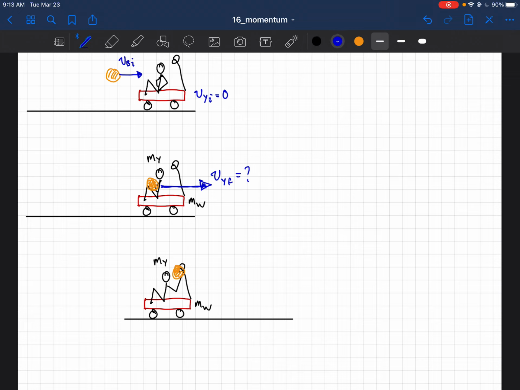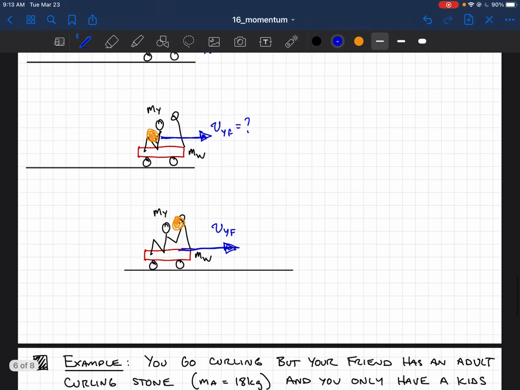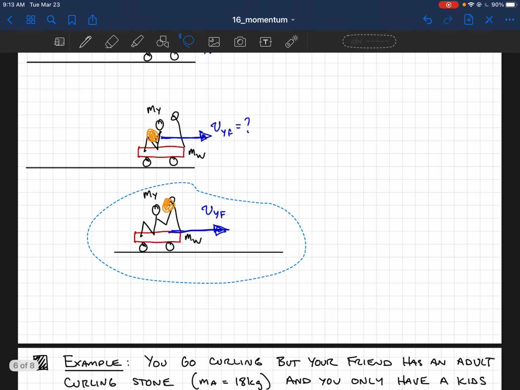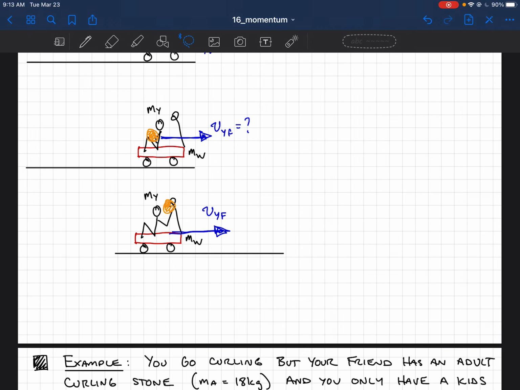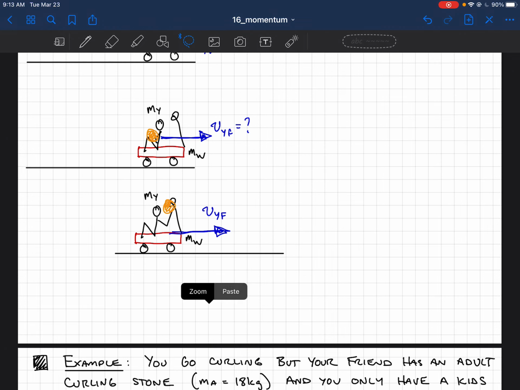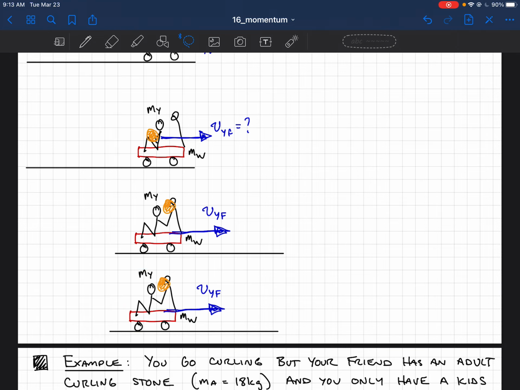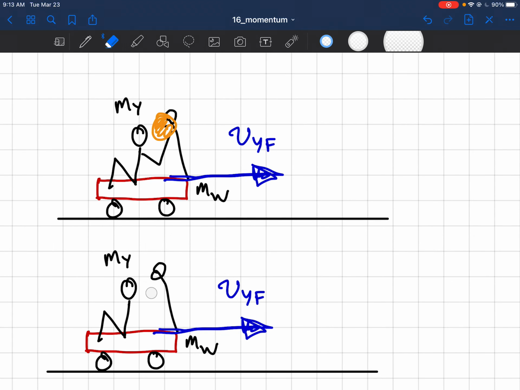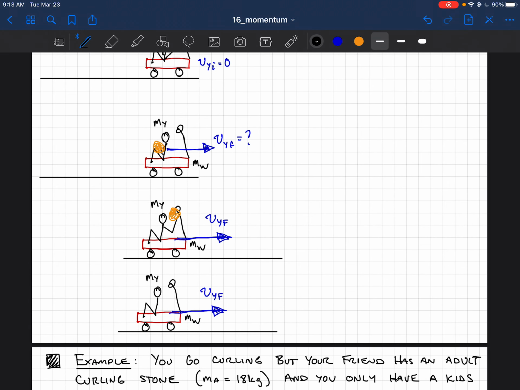So this is still, you still have V_U final, as we called it. But then in the final picture, you've thrown the ball. So now the ball is going backwards.